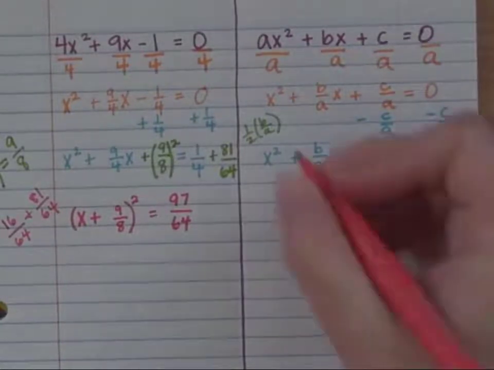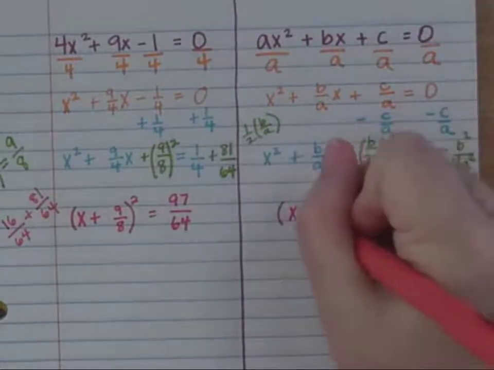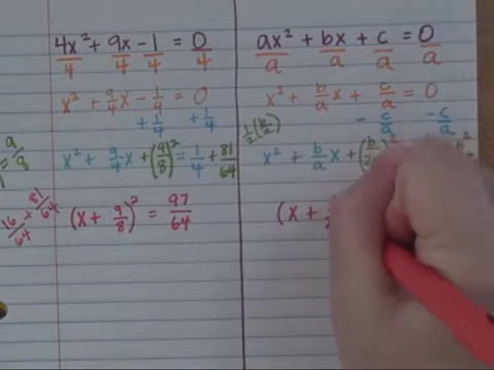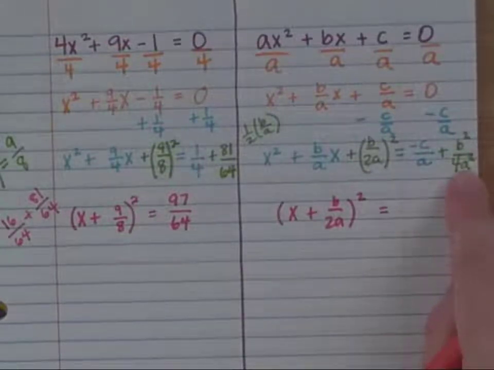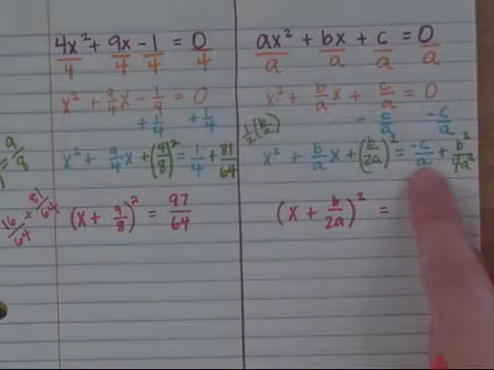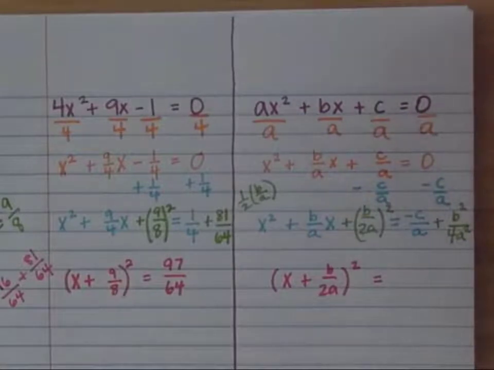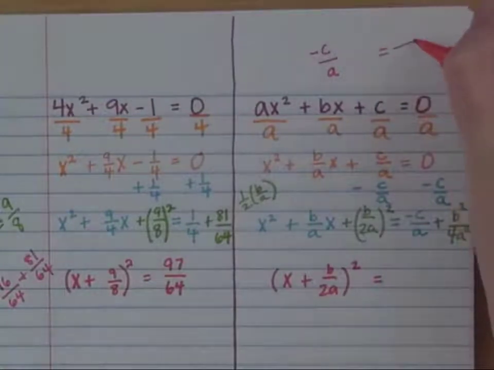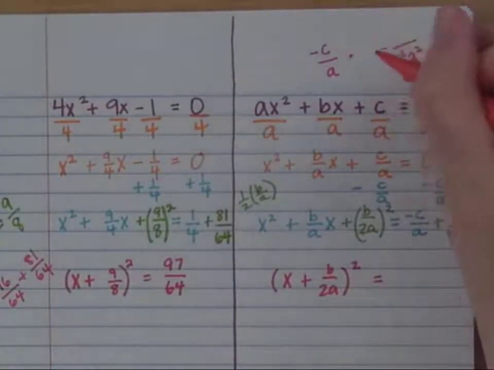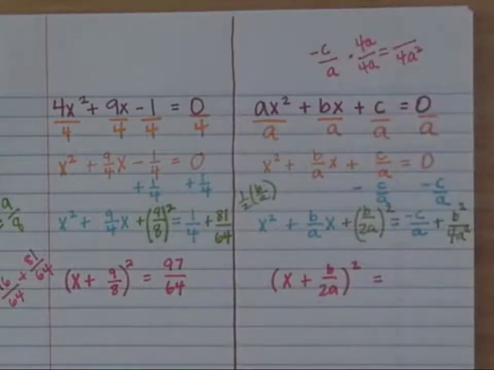So factoring here, half of b over a was b over 2a. And over here, the denominator is 4a squared, and this one is just a. So in order to get that to match, I need to have negative c over a with a denominator of 4a squared, so what would I multiply it by? 4a on the top and the bottom.